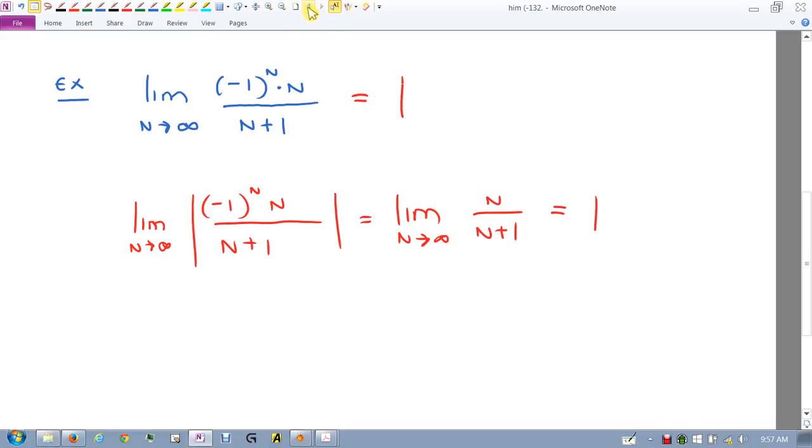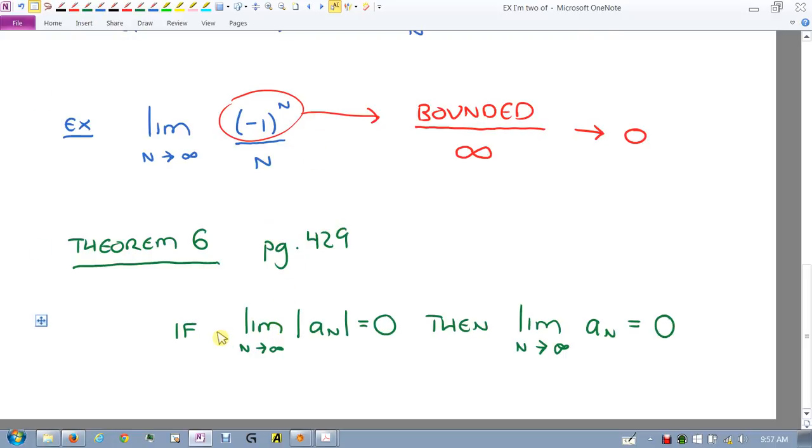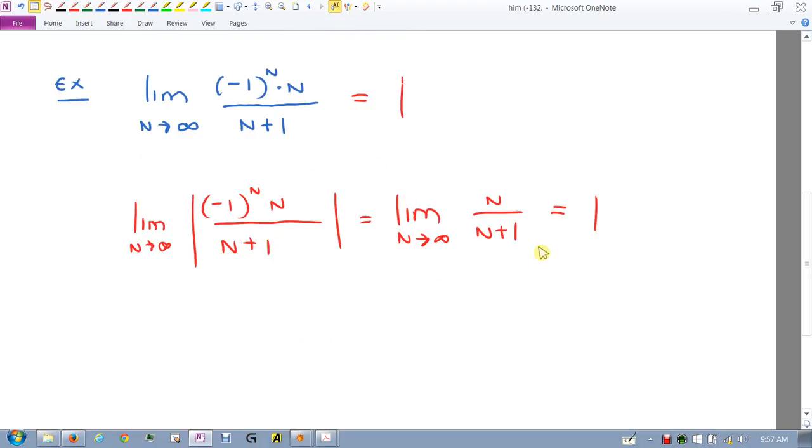What does theorem 6 say? If this limit of the absolute value goes to 0, then the original sequence goes to 0. Does it say what happens when the absolute value goes to something other than 0? No. Which means that this doesn't tell us anything at all.